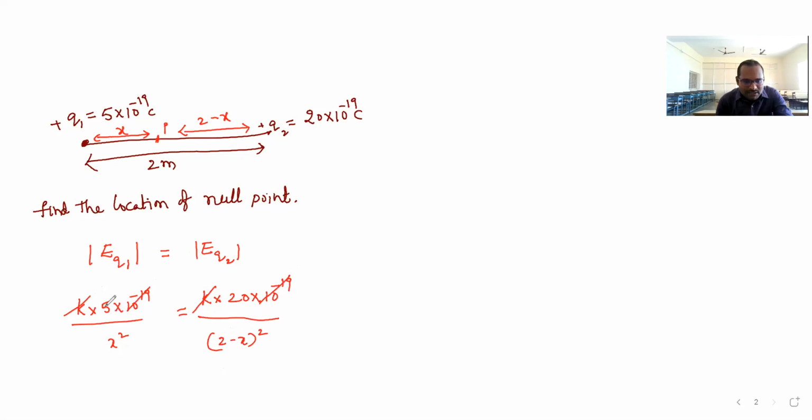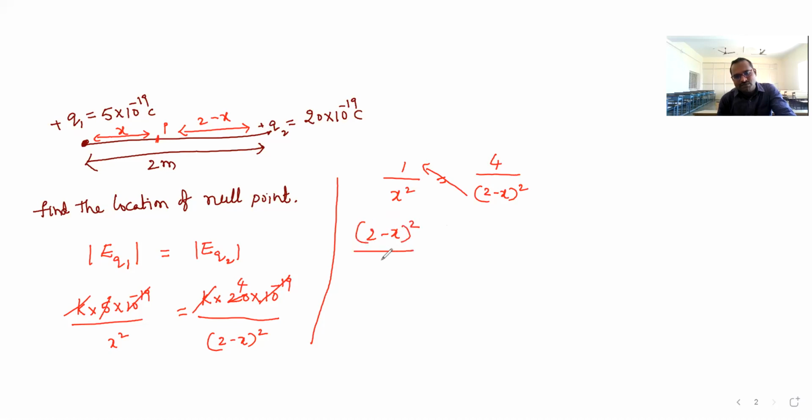5 ones are 5, 5 fours are 20, so this is also cancelled. What you will get? You will get 1 divided by X square is equal to 4 divided by 2 minus X whole square. If you cross multiply it, you will get 2 minus X whole square divided by X square is equal to 4.